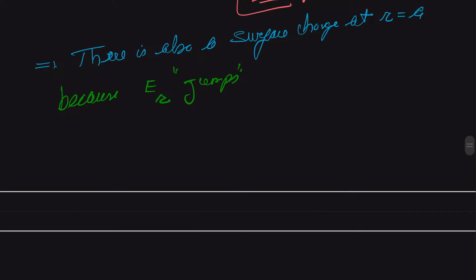Okay. Therefore we can write, because of this discontinuity, that our charge density will be equal to epsilon naught times electric field out minus electric field in. Okay. And we are going to find these two at r is equal to a.